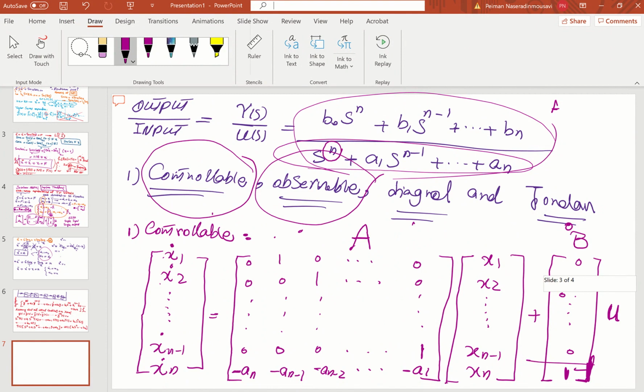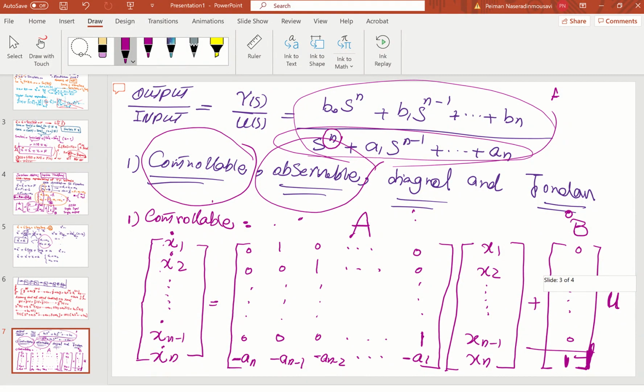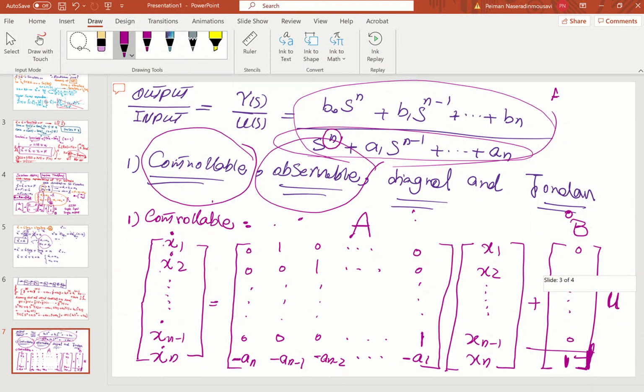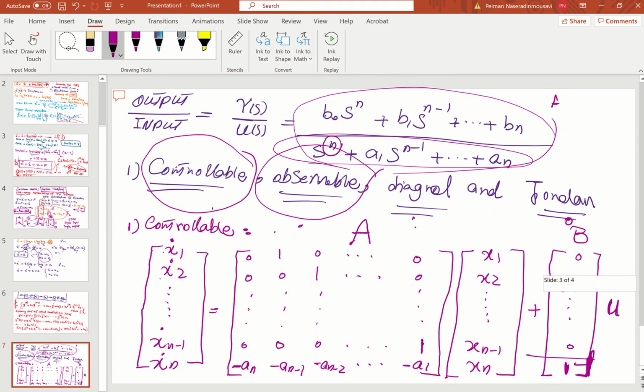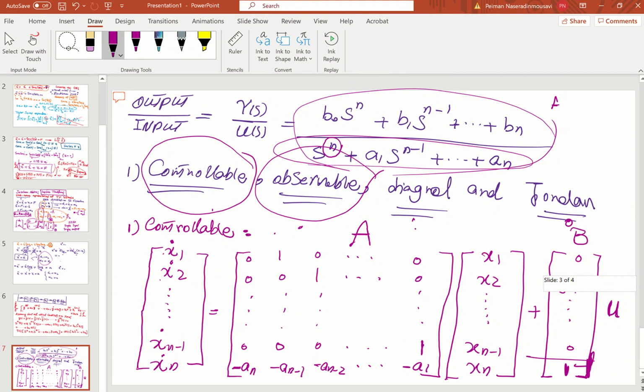Okay, the tablet is warming up, so I have to stop it. But problem A-9-1 of the Ogata book, let me see, yeah, 9, 1.